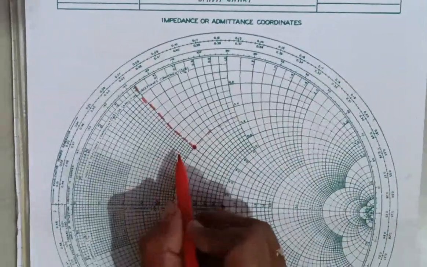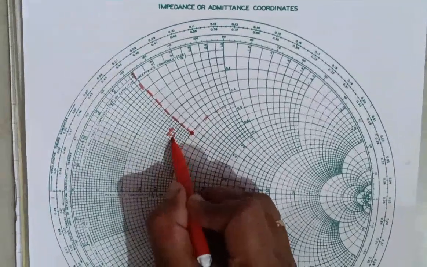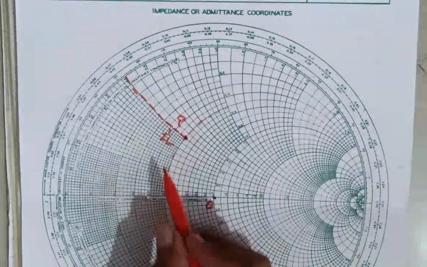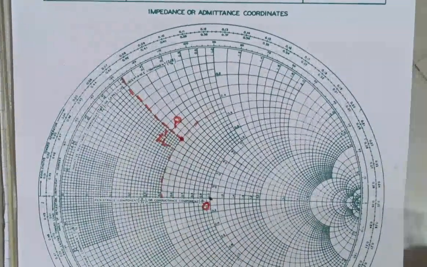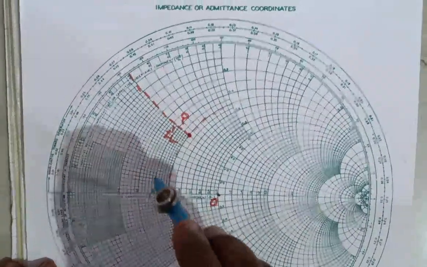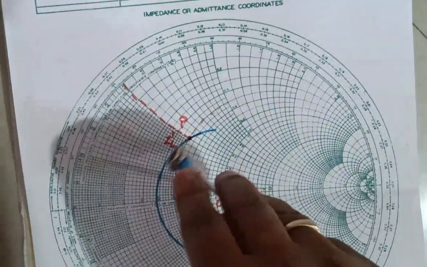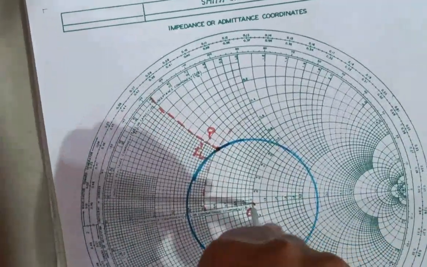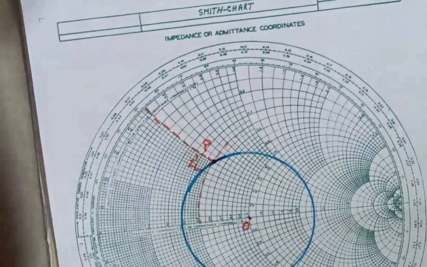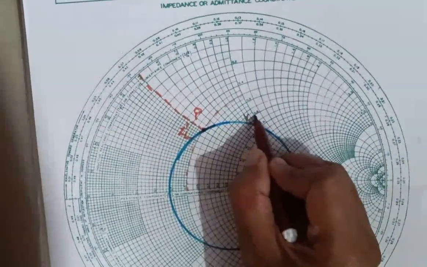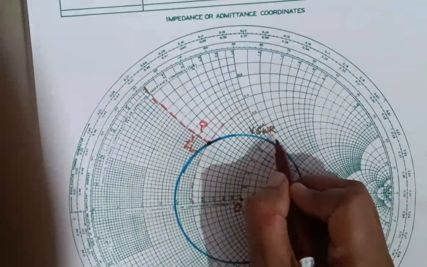That point is the load impedance value ZL dash. Mark it as P. Next, we must take this OP as radius and draw a circle. The circle is called the VSWR circle.